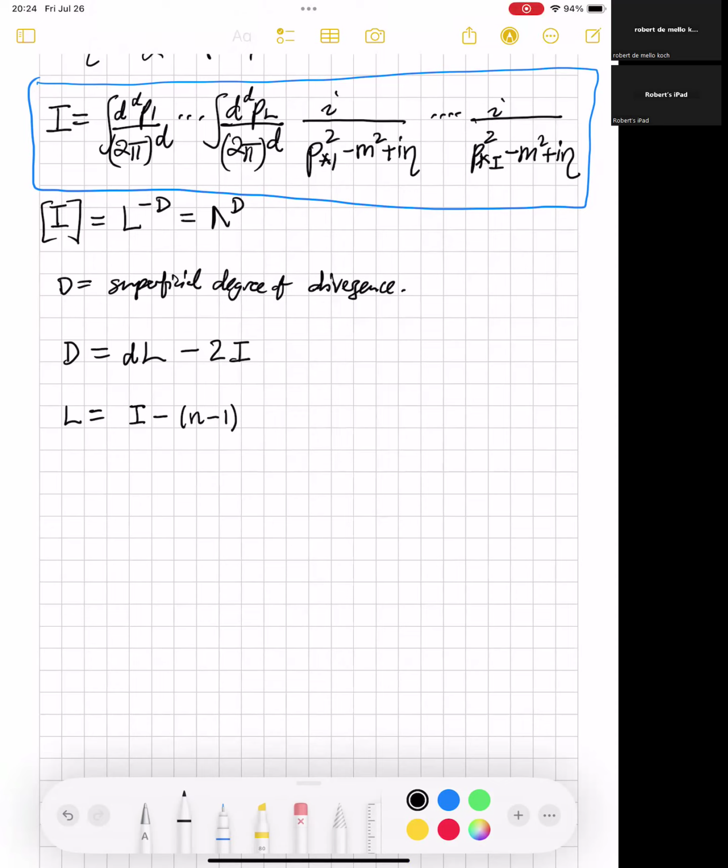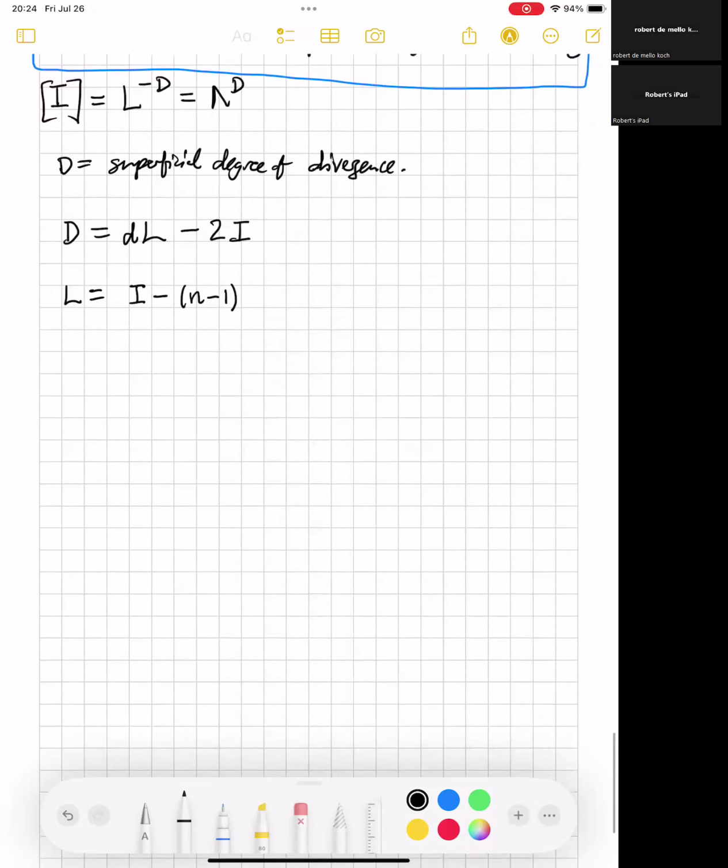So of the n delta function conditions that we get, one for each vertex, one of them constrains the external momenta, and n minus one of them constrain the internal momenta. So that's where this formula comes from. And it's very easy to illustrate.